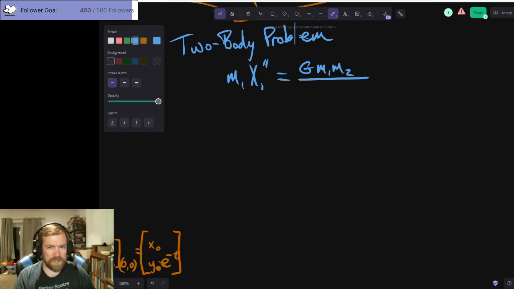normally it would be just the distance of these things squared. However, the issue is that if we square it, it's always going to be positive.